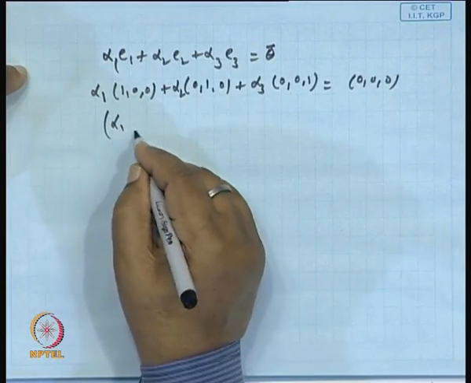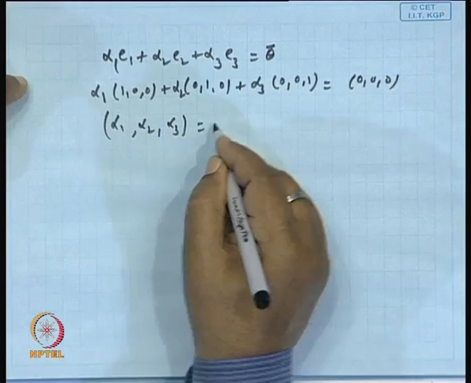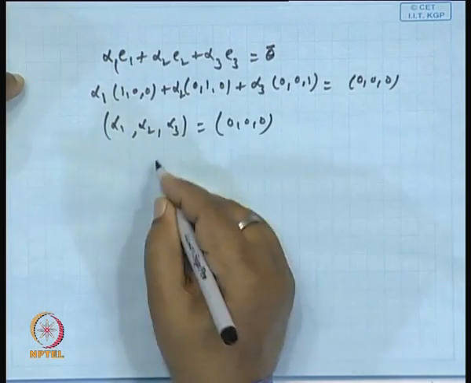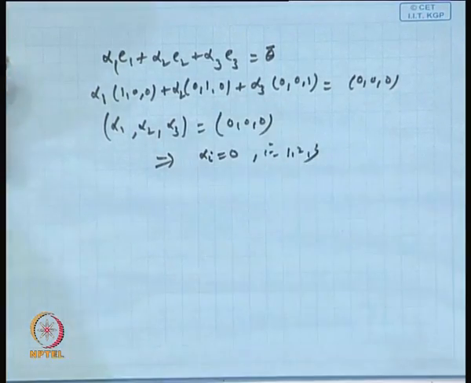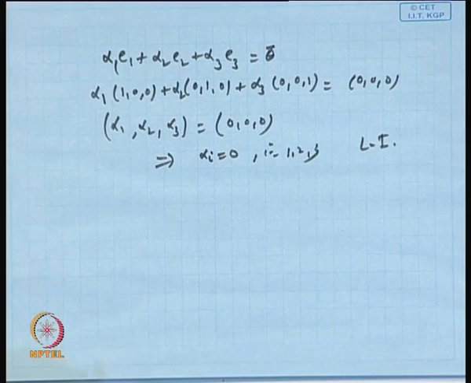That is the same as alpha 1, alpha 2, alpha 3 equal to 0 0 0. This implies all alpha i are 0 for i is 1 to 3. So, they are linearly independent vectors. Okay.